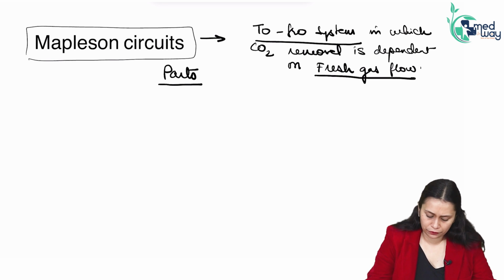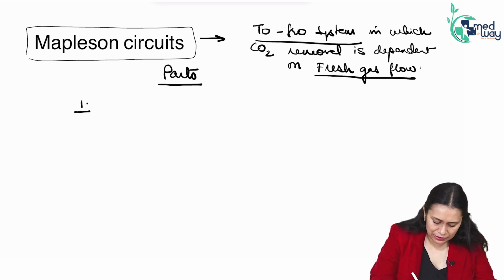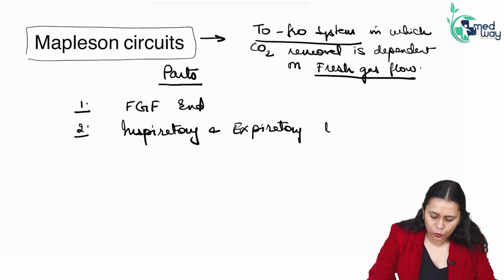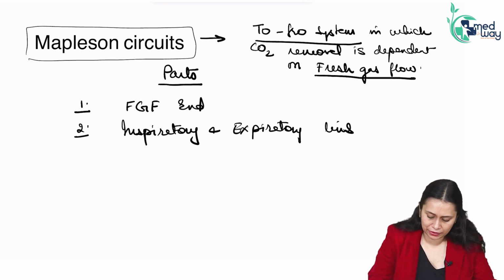What are the parts of Mapleson circuit? It has the fresh gas flow end, that is the machine end. It has an inspiratory and expiratory limb, right? We call it the tubings of the circuit.